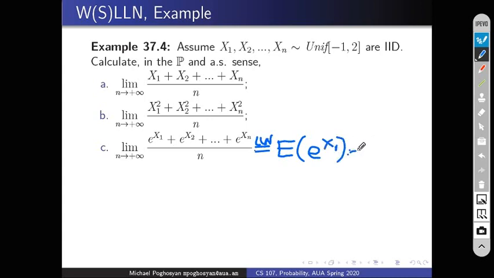Now I need to use an integral for calculating this. This is the integral from -1 to 2 of e to the x times the PDF. The PDF is 1 over 3 in this interval and 0 otherwise. So I will calculate this integral, and this number is the limit of this sequence of random variables.